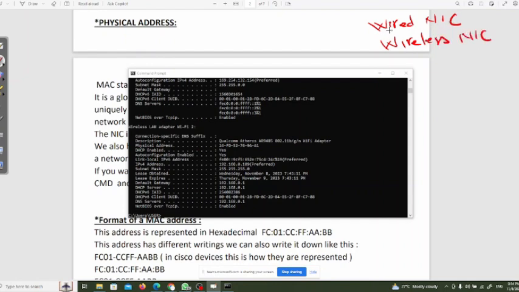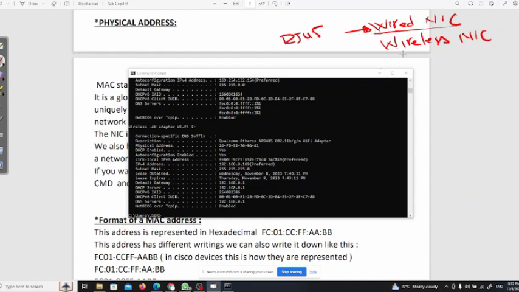The wired network interface card is the one on your laptop where we have an RJ45 port. In order to connect to a specific network, you take an Ethernet cable and connect it to that RJ45 port, and you will be able to access the network using a wire. At that time you will be using your wired network interface card.